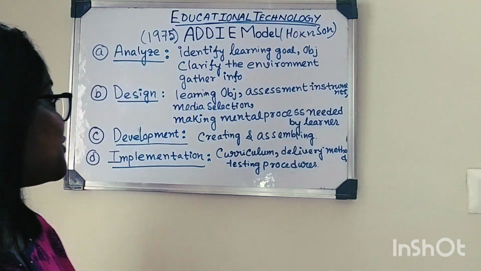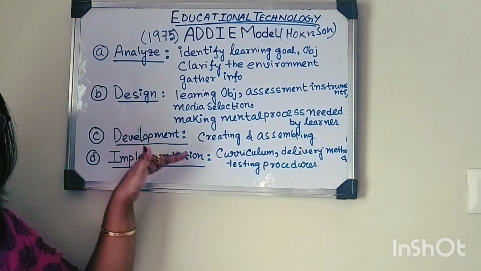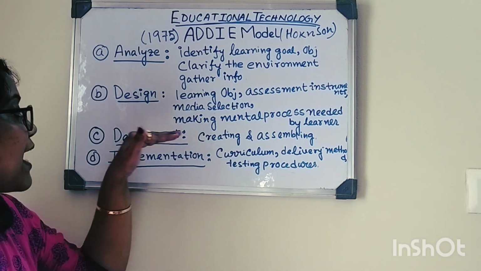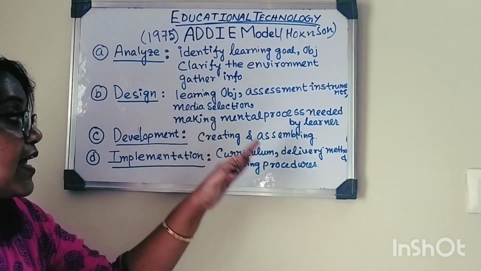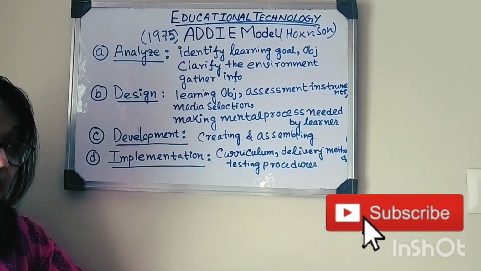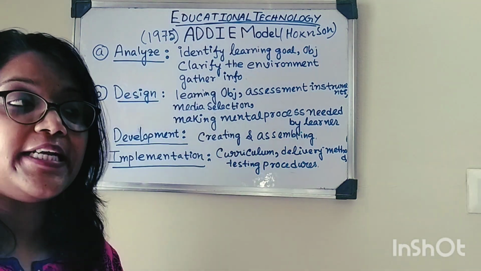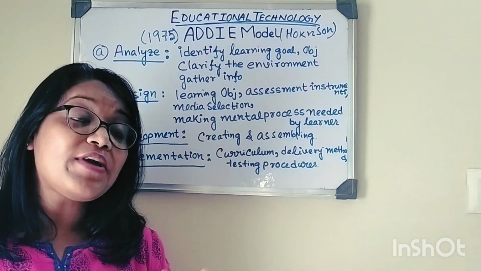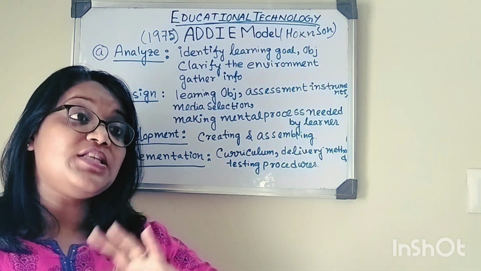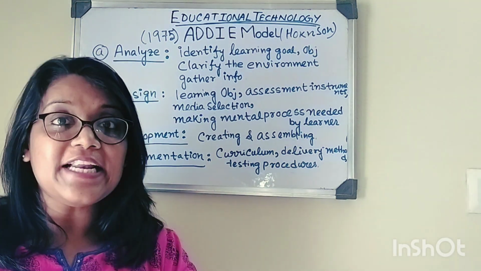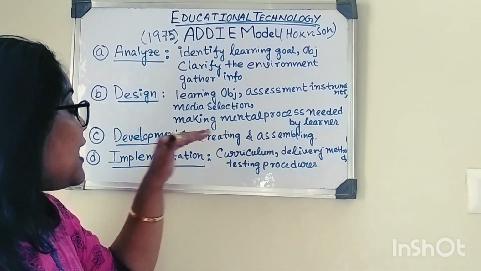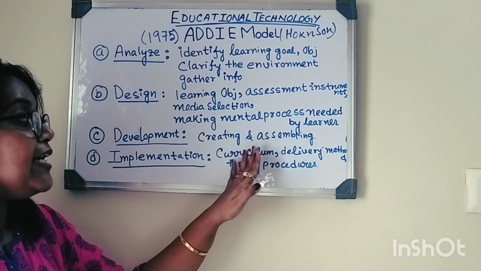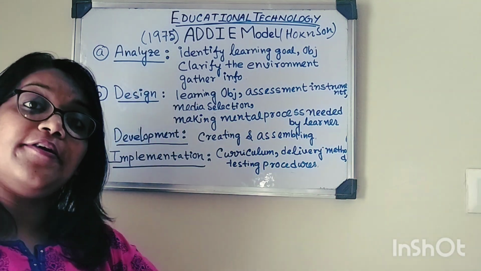So now coming to the third phase, that is the development phase. At this stage, developers are creating and assembling the different types of learning content, learning matter, which are created in the second phase, that is the design phase. So it helps in creating and assembling all the learning content.